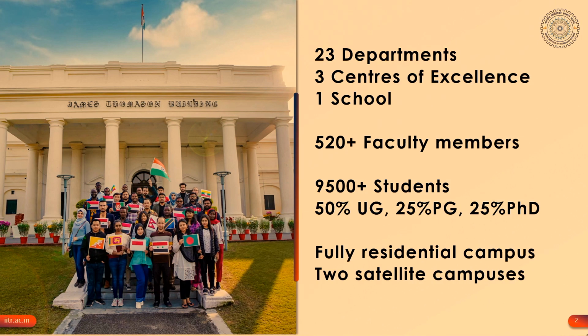We have 23 departments, 3 centers of excellence, 1 school, 520 plus faculty members, and 9,500 plus students, of whom 50% are undergraduate, 25% postgraduate, and 25% PhD students. Our campus is fully residential for students as well as faculty. We have 2 satellite campuses. One is in Noida, in the National Capital Region of Delhi, and another is near Roorkee.